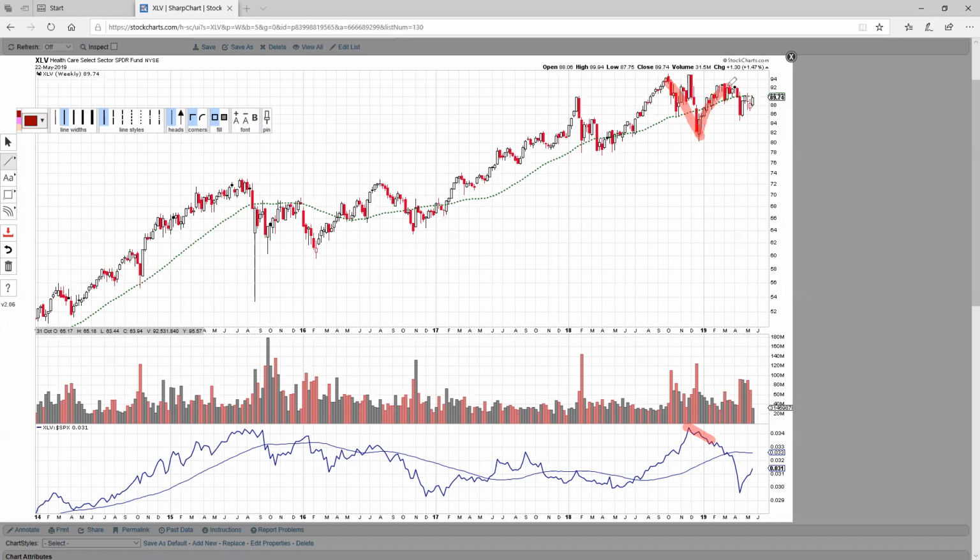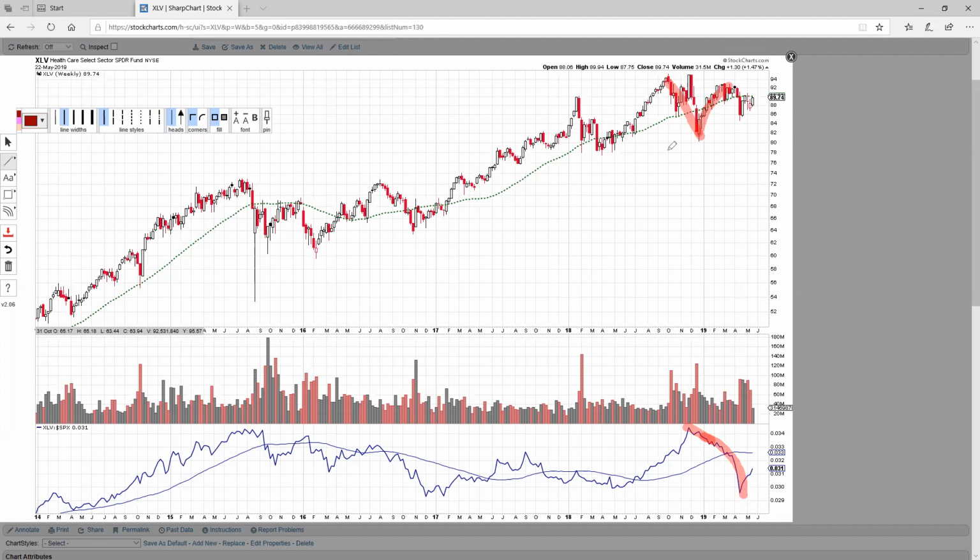Then notice there was a rally here, and this rally was to a lower high, and then weakness prevailed or started to come in healthcare ahead of the market. And look at the persistency of the negative relative strength that's taking place here.